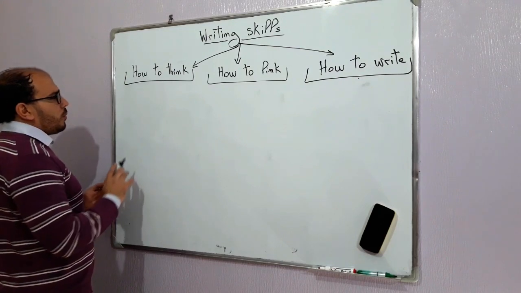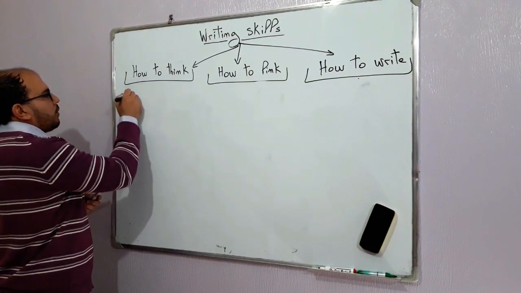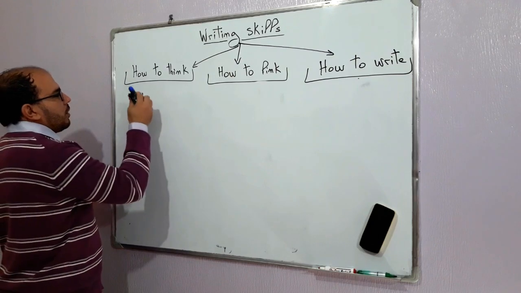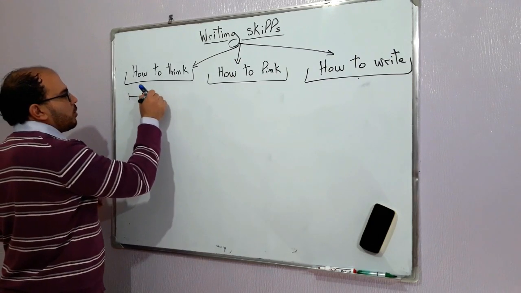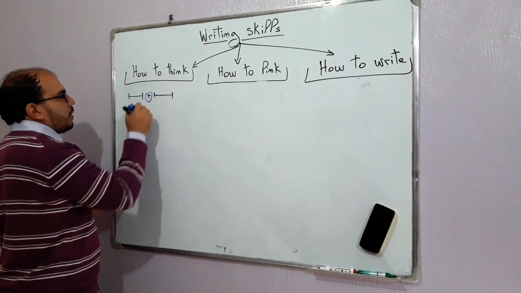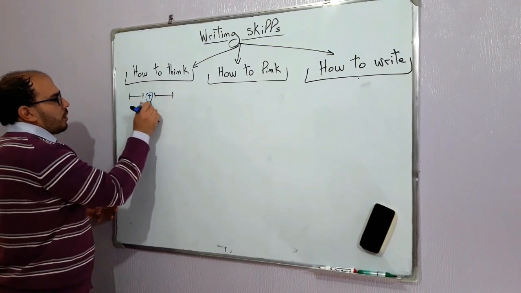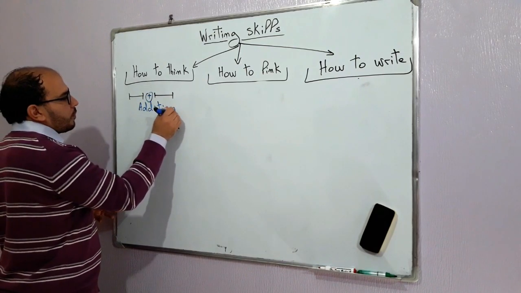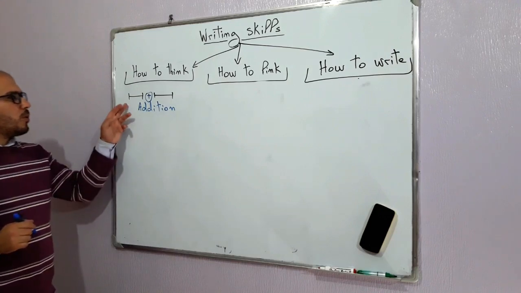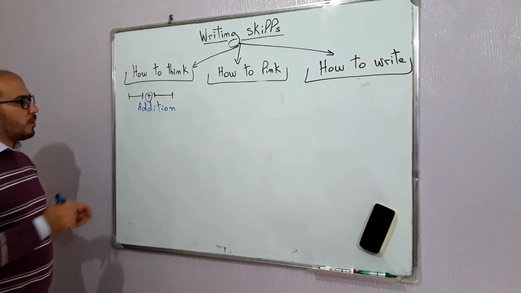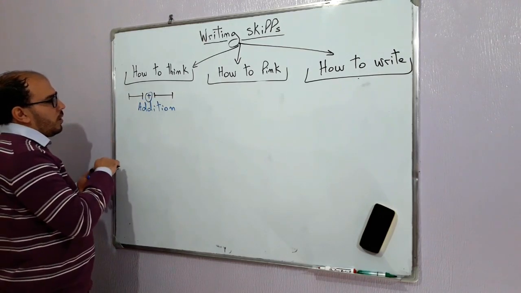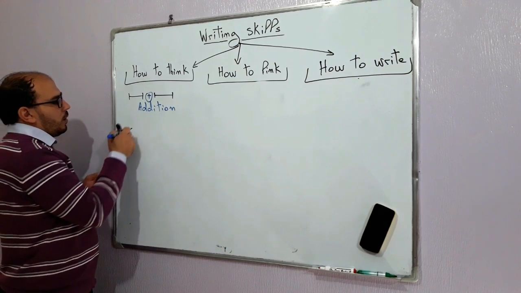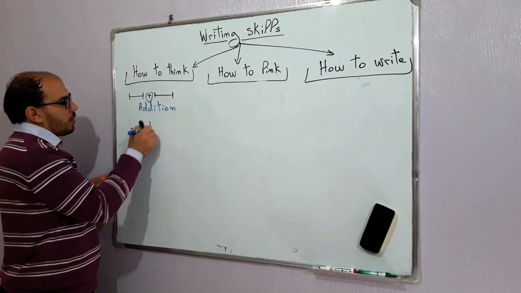So number one, for example, we have two ideas, and I have to link between these two ideas, and this is called addition. Okay? So whenever I want to express the addition, there are specific linking words. So we have and, okay?